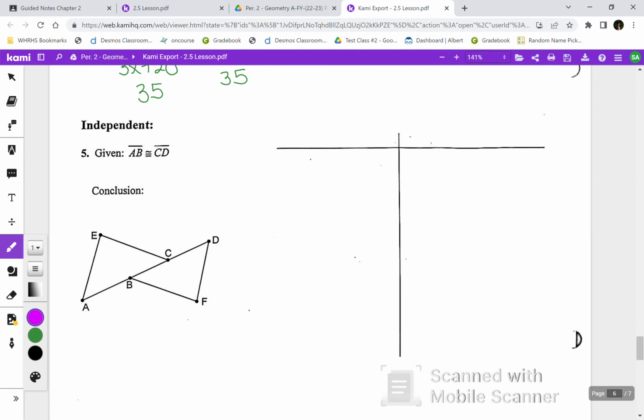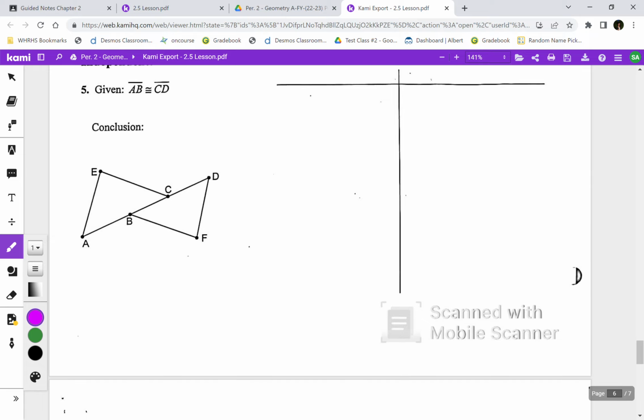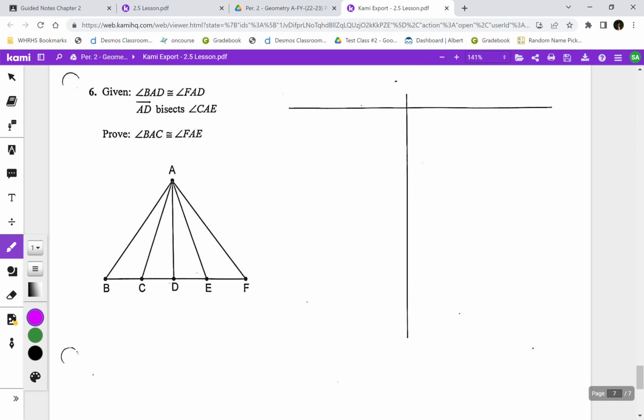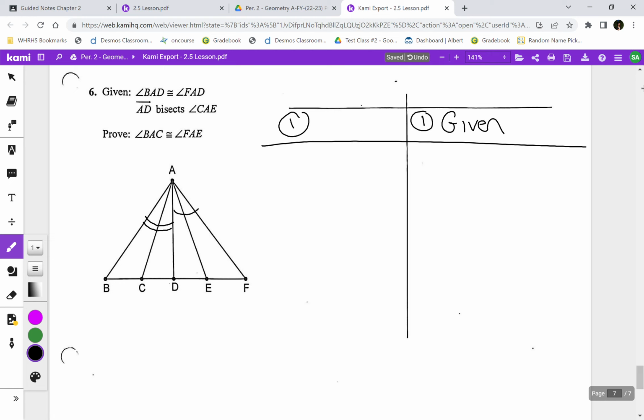All right, let's do another problem that's a little bit more involved. I don't know how much time I'll have, but let's see what we get through. So I'm going to independent number 6. So it says angle BAD, so this whole angle is congruent to angle FAD, this whole angle.